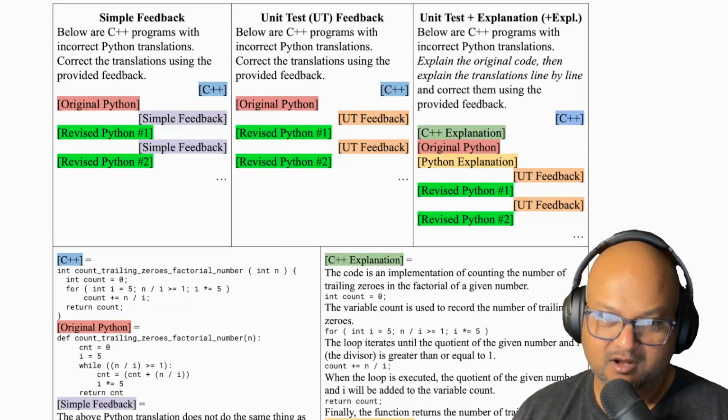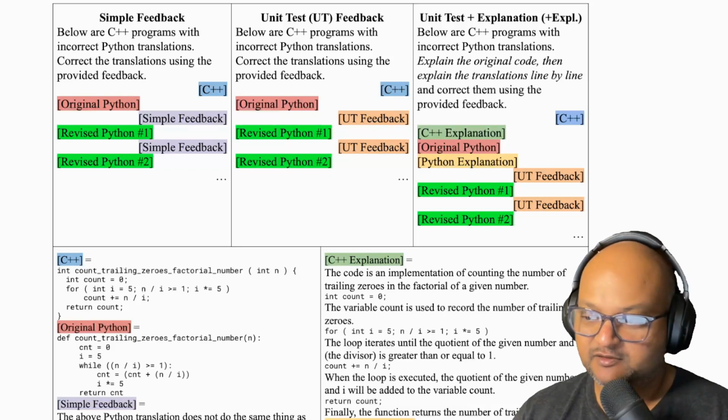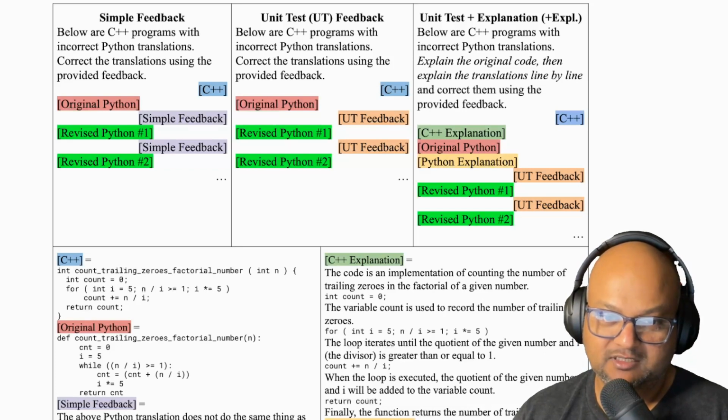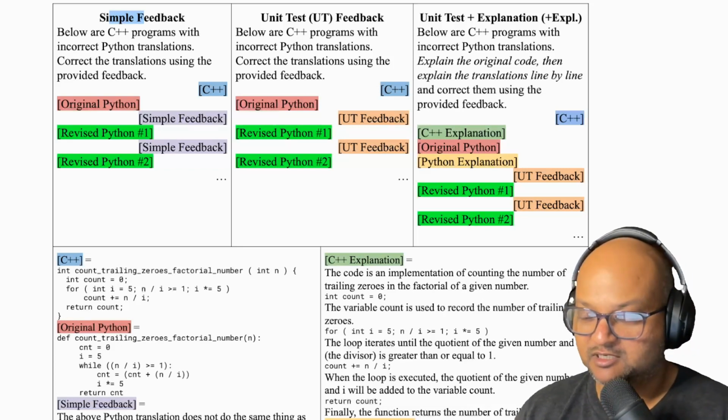This set of prompts is looking at a task where you're trying to translate C++ programs into Python. And we have three versions of this prompting scheme. One with simple feedback, where you simply tell the LLM whether the predicted code was correct or not.